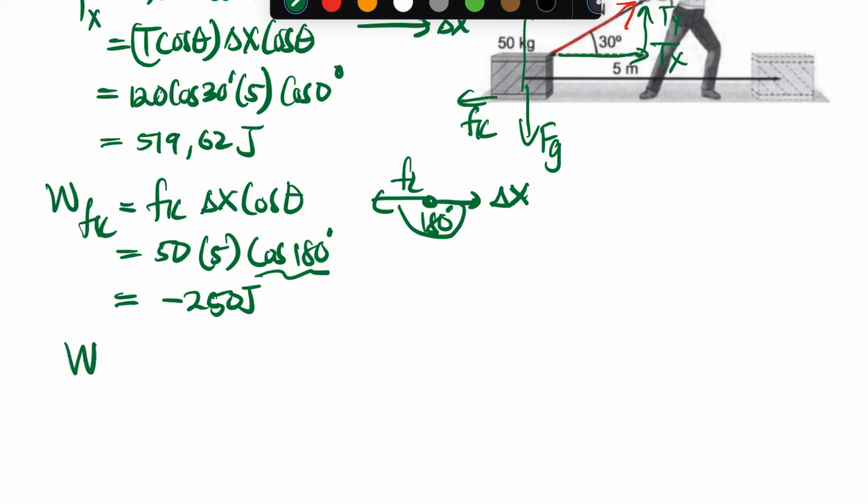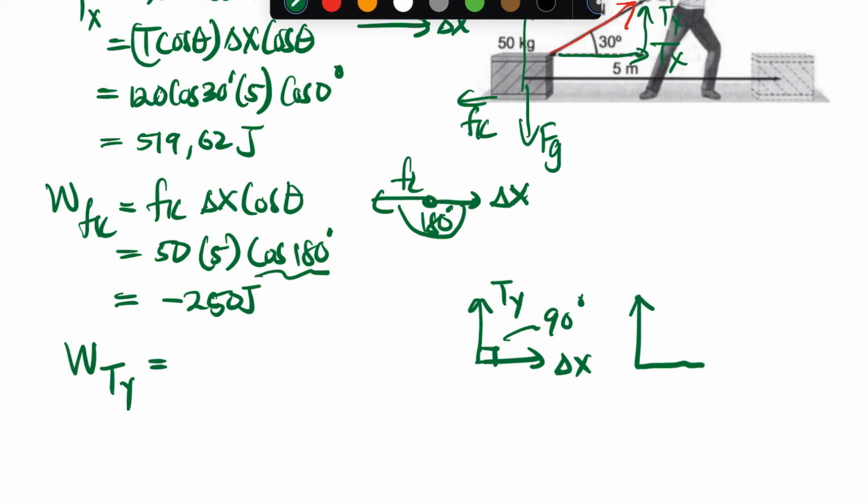Now I'm going to do the work done by the tension force vertically. The angle between the vertical tension force and the displacement is 90 degrees. Same as the normal force: the angle between it and the displacement is 90. Same as the gravitational force, which is perpendicular to the displacement.